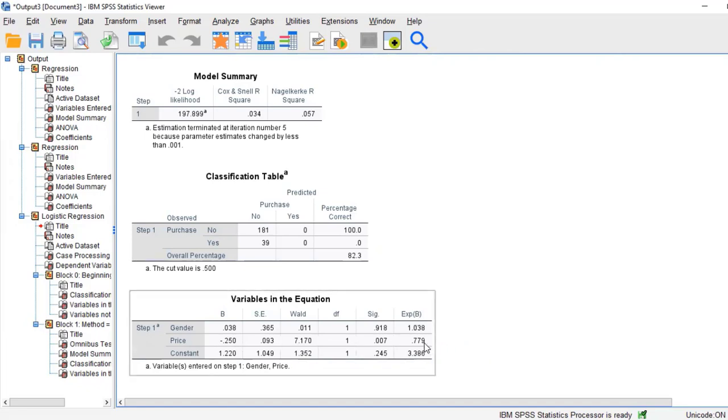You read this odds ratio as for a 1 unit increase in this independent variable, we expect the dependent variable to change by this %. So essentially we see here that for every dollar increase in price, we expect purchase intention to drop by 20%.